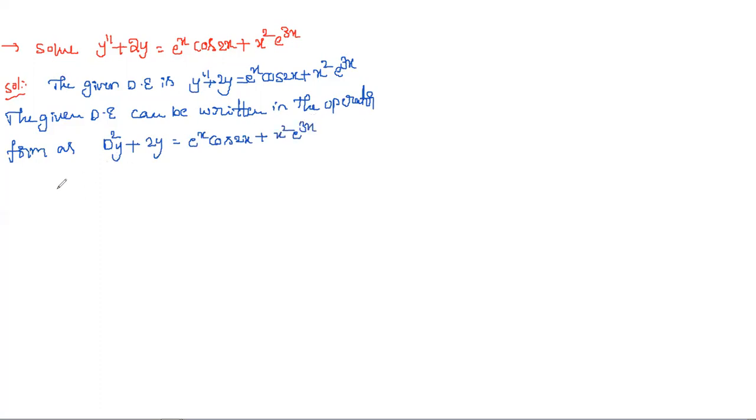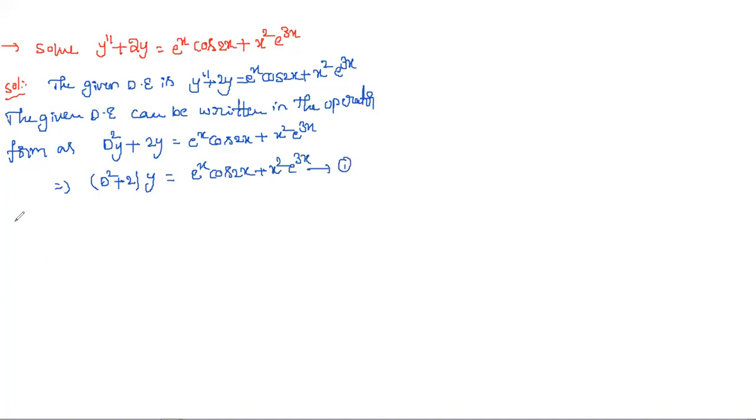And now if you observe these two terms, which one is the common one? y is the common one. So take that as common. After taking that as common, what do we have remaining? D square plus 2 into y is equal to e power x cos 2x plus x square e power 3x. Let it be taken as equation 1.